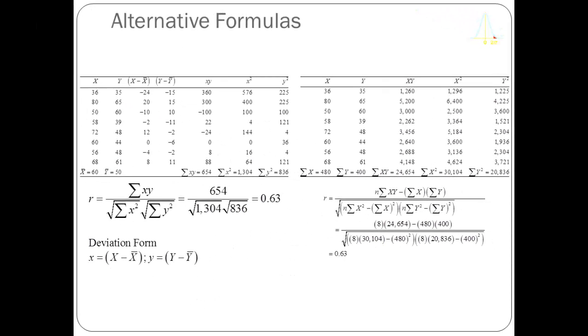At the end of the day, I hope you really never have to use either of these two formulas, because when you learn how to use Stata or SPSS or SAS or SDA, you can have the statistical application calculate this number for you as long as you understand what the number means. And to understand a correlation coefficient, I encourage you to go back and look at that original z-score formula.